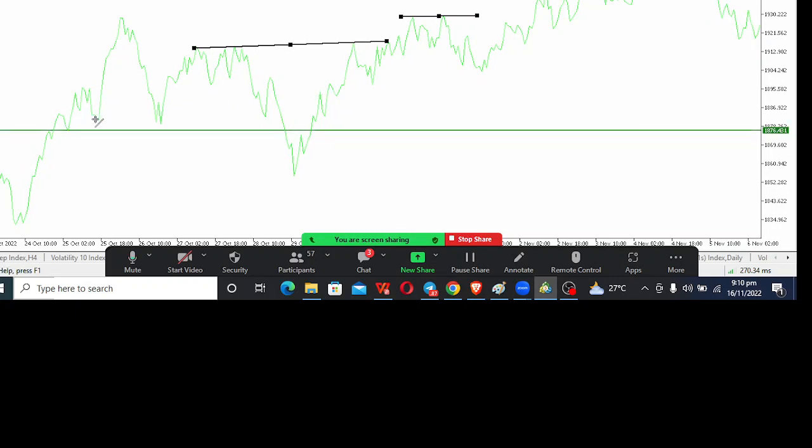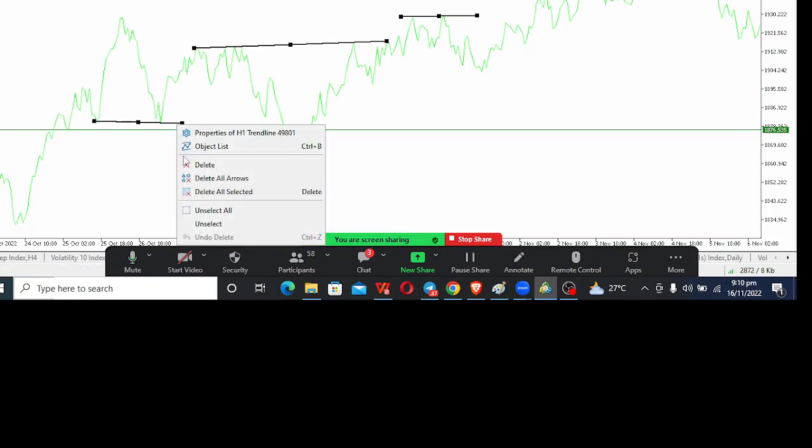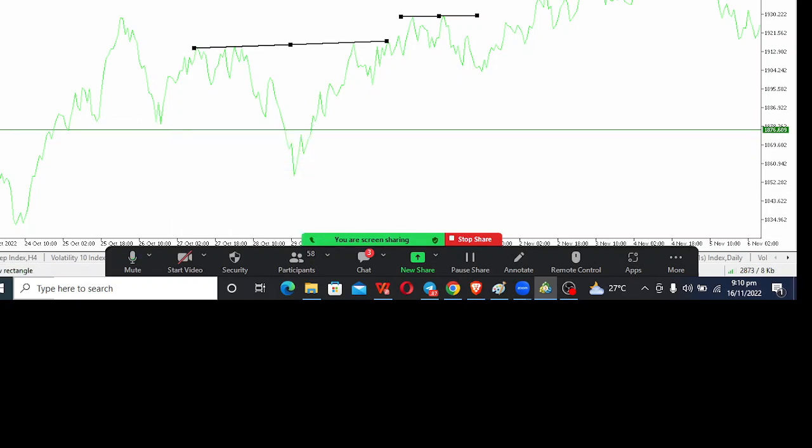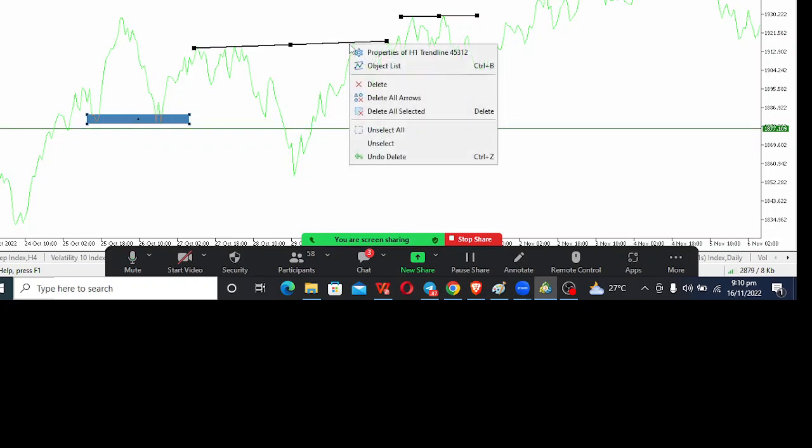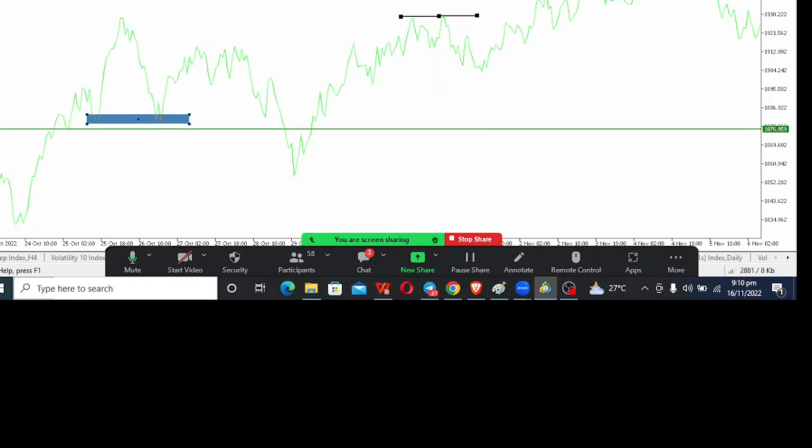Okay, so here you can decide to use just this line, or you can use a zone like this. So you know that whenever the market enters the zone, you can have an entry over there. Let me just use the zone for this one too.